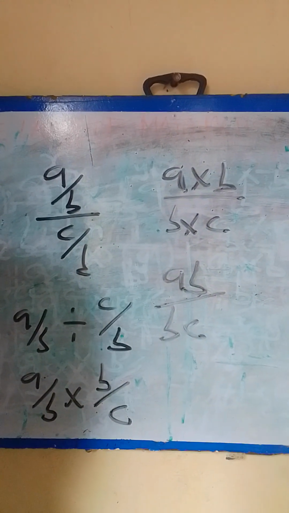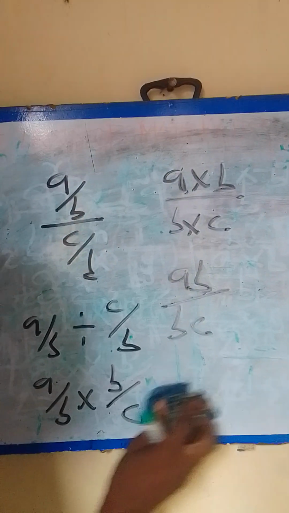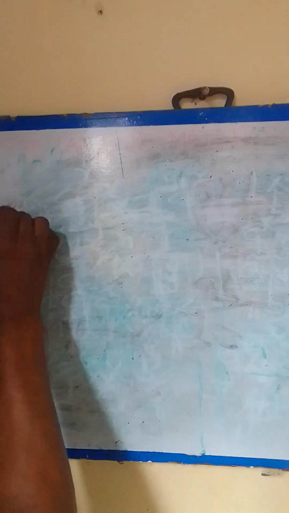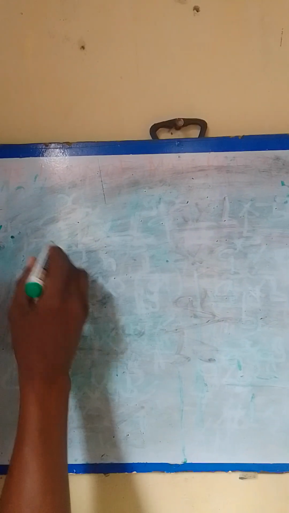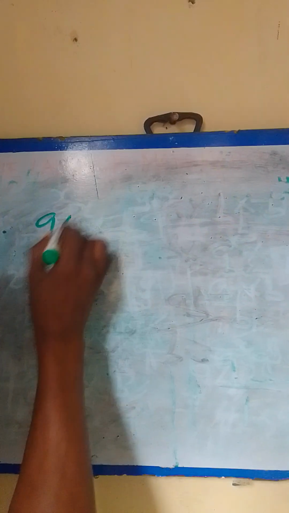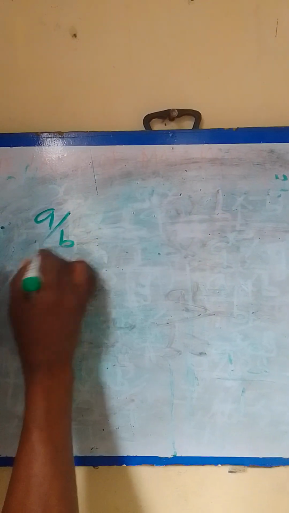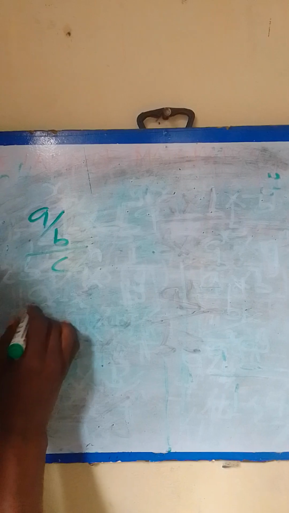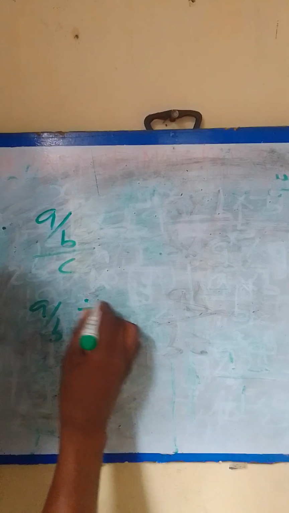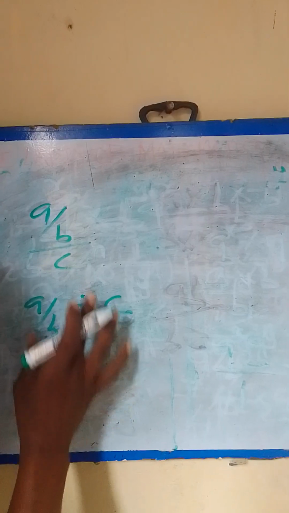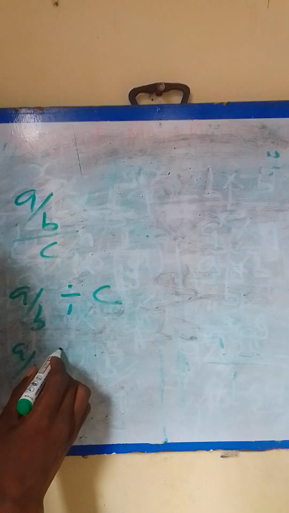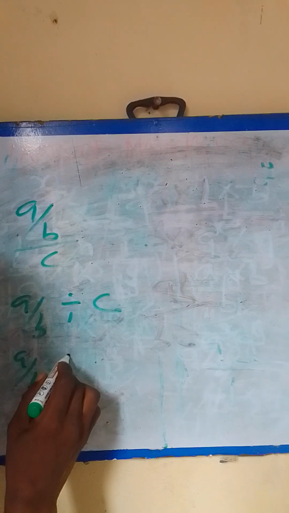Another aspect I want us to take note of again is, we might have a all over b divided by c. Since it's a fraction, we change the division sign to a multiplication sign.